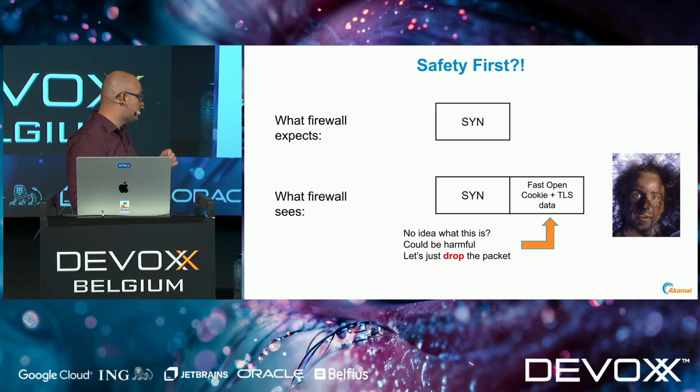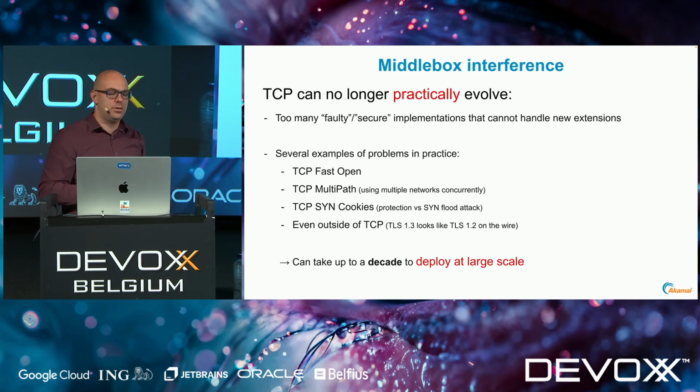So what happened in practice when we tried to enable TCP fast open on the wider internet, over 80% of all connections started failing. Because firewalls just drop the SYN packet and nothing ever happens, right? So that's the big problem that we have with TCP today. It's not that we don't know how to change it or make it better, it's that we can no longer practically evolve it in practice.